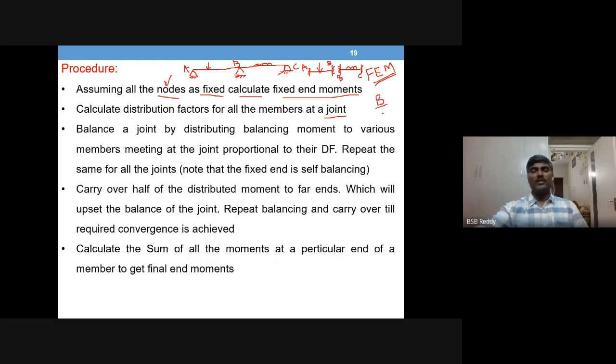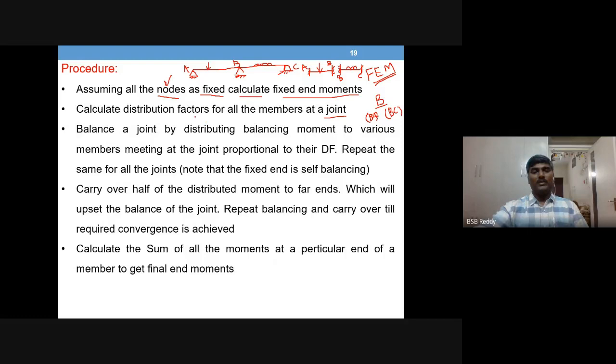So B is a joint for me. B has two members. One is BA, another one is BC. Now calculate distribution factors for these: distribution factor for BA and distribution factor for BC.